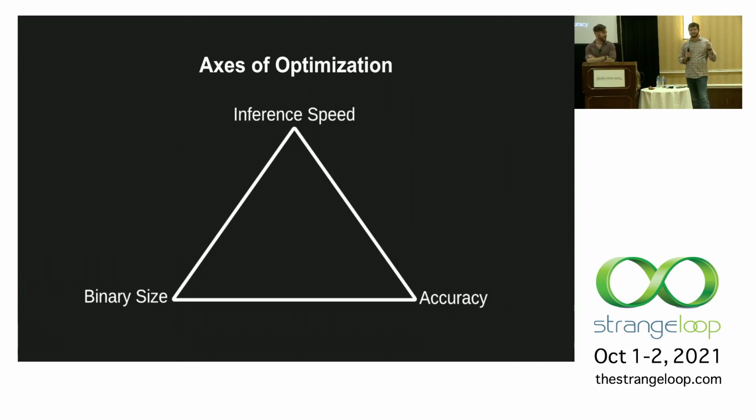Accuracy, obviously: if you optimize a model and it does worse and you don't solve your problem, you have new problems, and that's not great. So we need to keep track of whether we are still able to solve the task with the sufficient threshold of accuracy that's required while ruthlessly optimizing for performance. And then finally, binary size. This may seem a little out of the blue here, but it's a really good metric to be tracking as you're optimizing your model, and we'll talk about these interactions for why that's true.